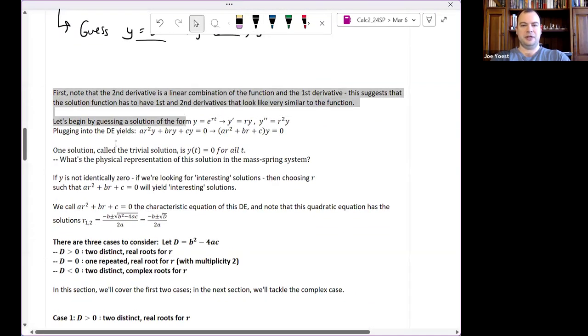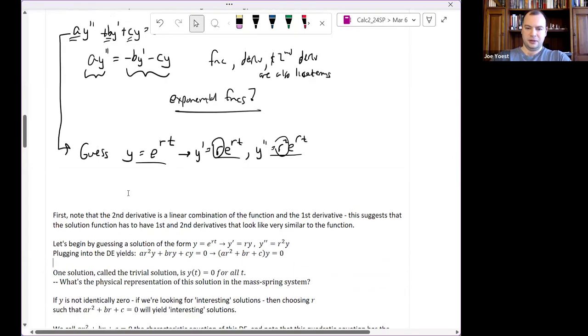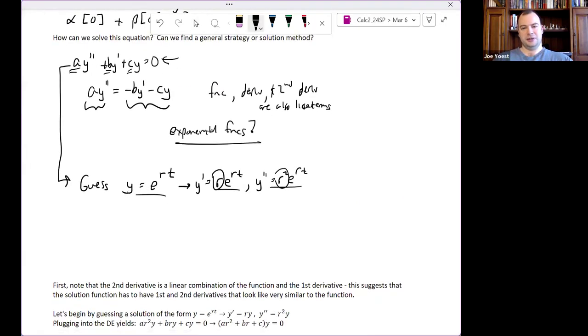And that's what I've kind of written out down here. But let me just go through it kind of by hand. If this is my guess, y equals e to the rt, if I want to plug into this differential equation up here, what does that look like? A y double prime plus b y prime plus c y equals 0.